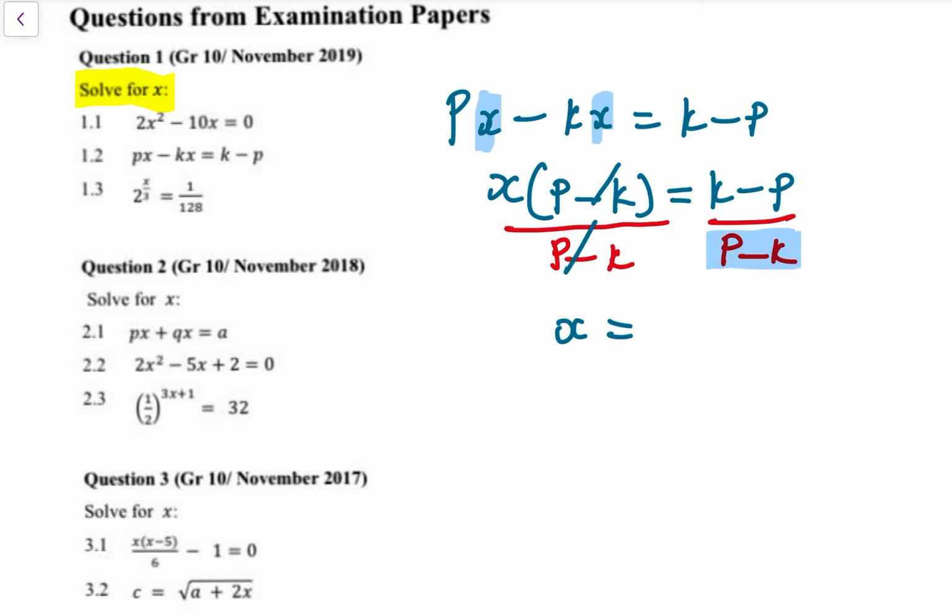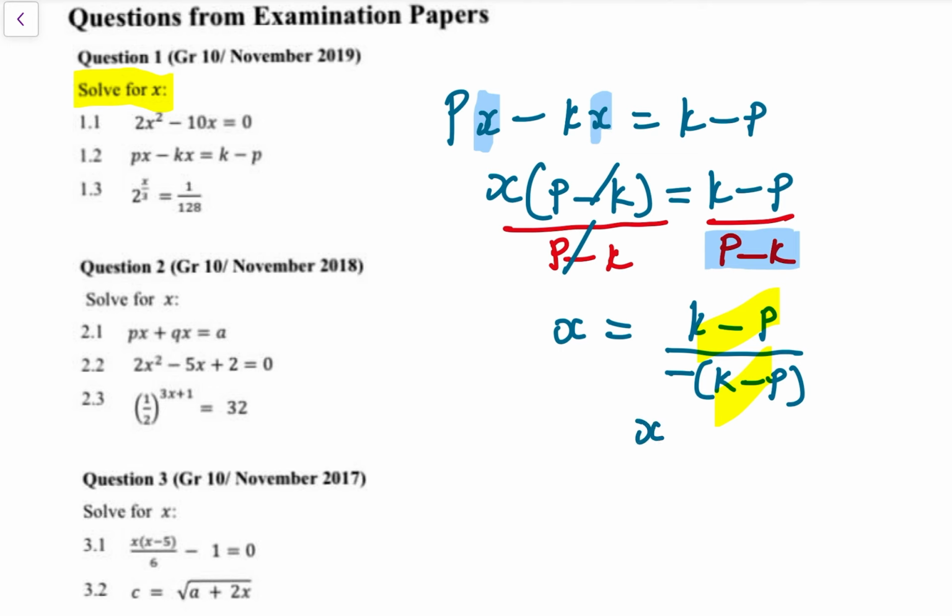So we can write this as k minus p all over, and then we take negative out as a common factor so that we can have k minus p also in the denominator. And then now you can see that this and that can divide, and then we are left with x is equal to negative 1. That is number 2. Okay, let's move to number 3.